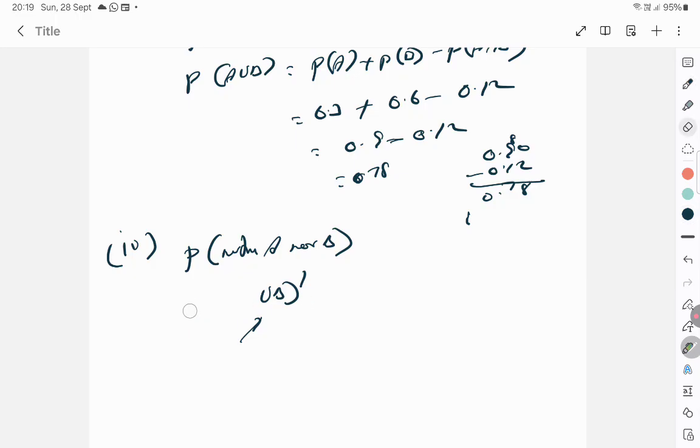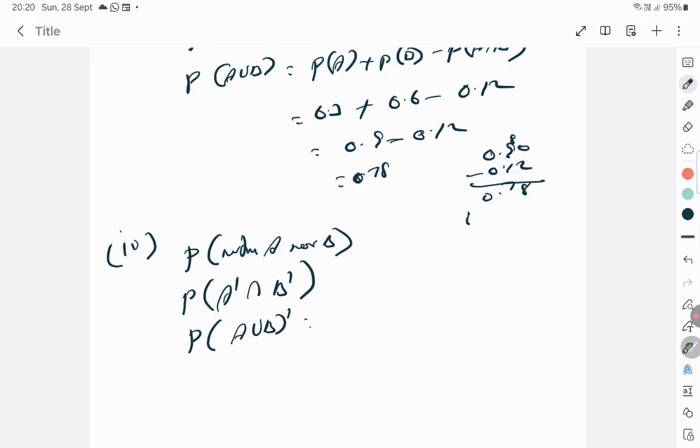The moment they say neither A, it's P of A dash, nor B means B dash, and both of them together should not be there.